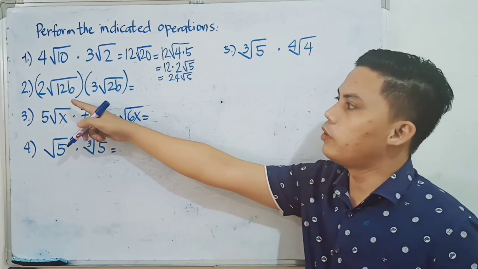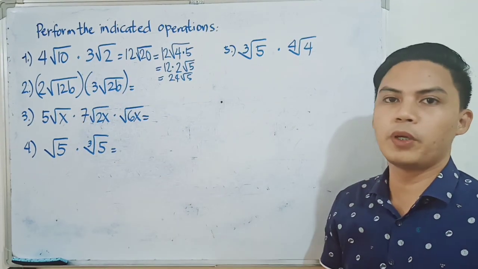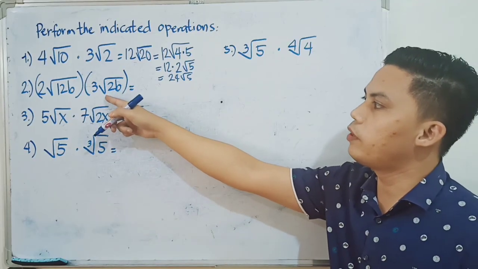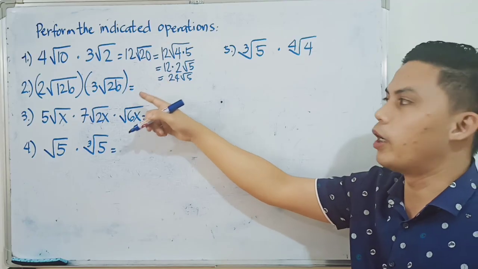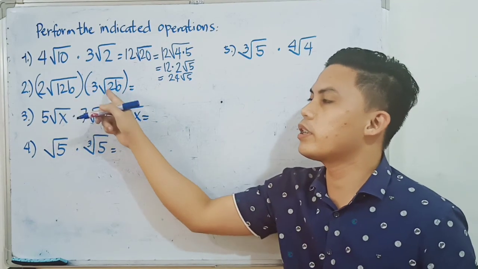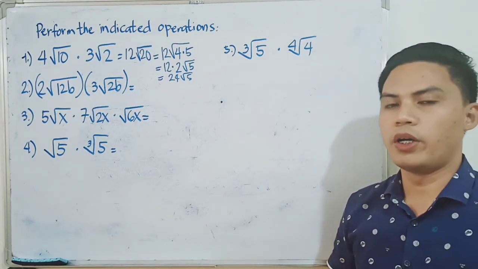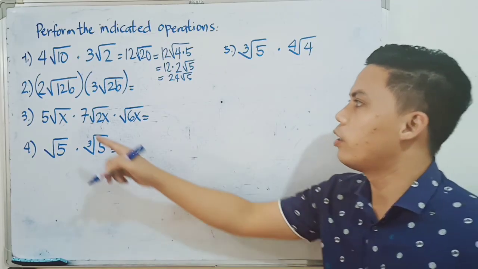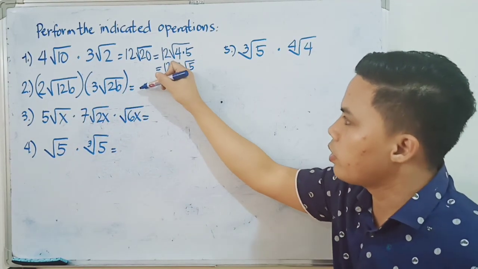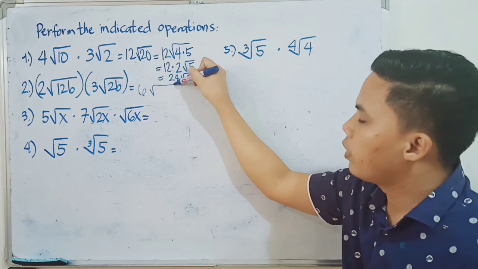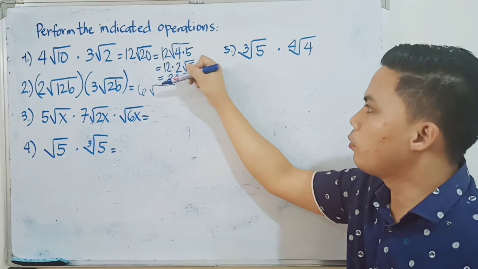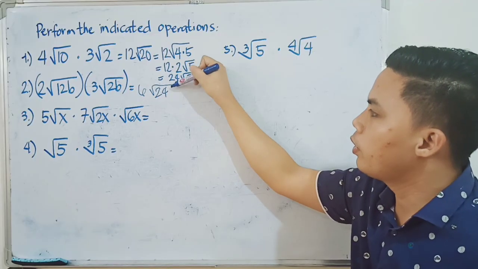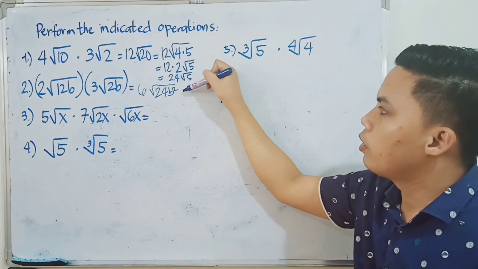Next, we have the quantity of 2 square root of 12b times the quantity of 3 square root of 2b. So, same na sila sa number 1. Magkaparehas yung indices nila, which is equal to 2. So, again, we're going to multiply directly. 2 times 3 is 6. Then, 12b times 2b, that would be equal to 24b squared.